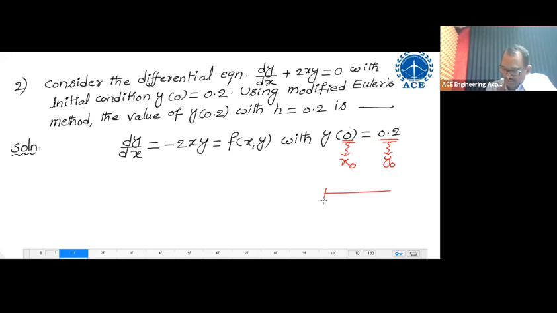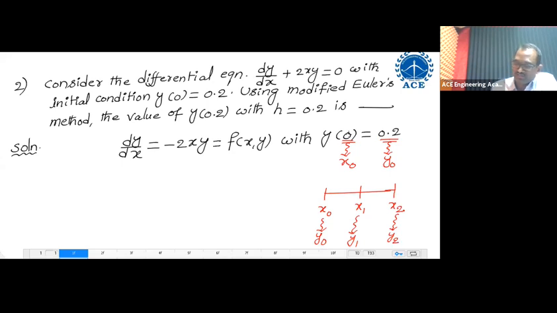We need to split the given interval into equal lengths of subintervals. This is x naught, this is x1, this is x2. Y value at x naught should be y naught, y value at x1 should be y1, y value at x2 should be y2.